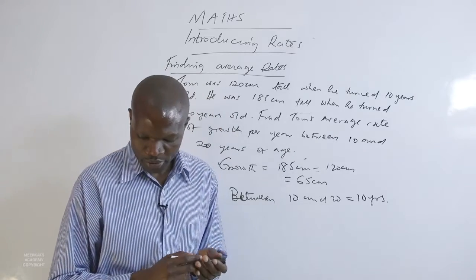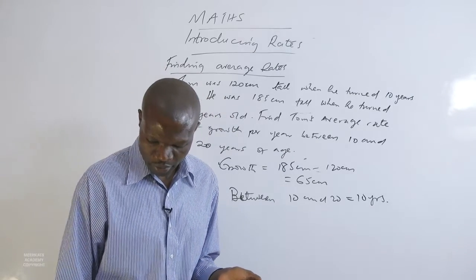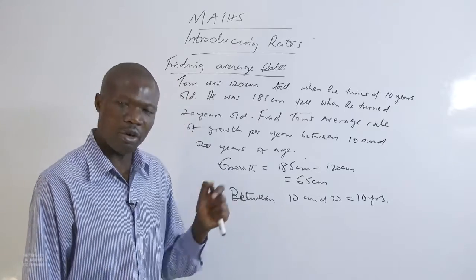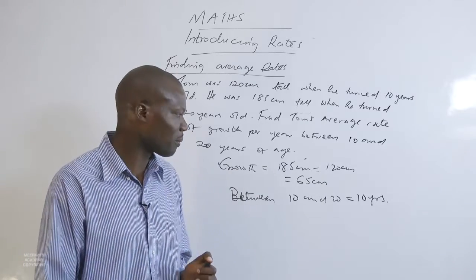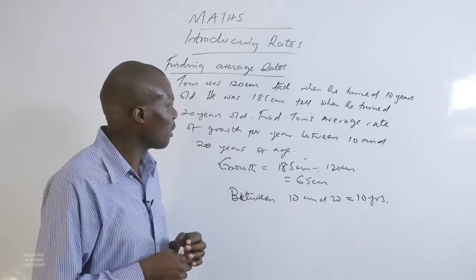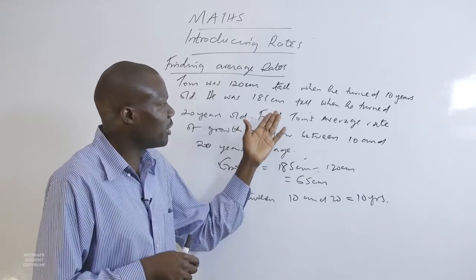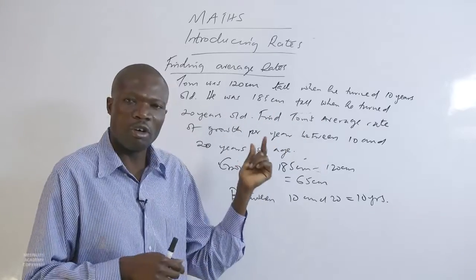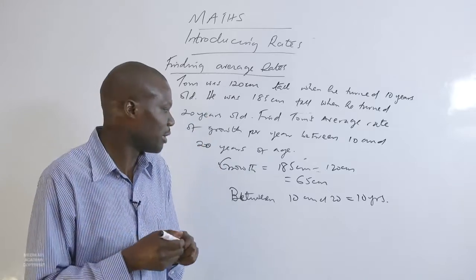So we can now come up and find out what is our average growth rate. Find Tom's average rate of growth per year.